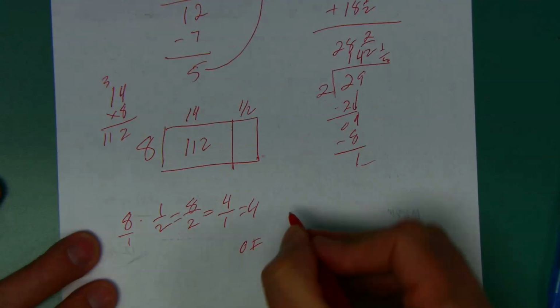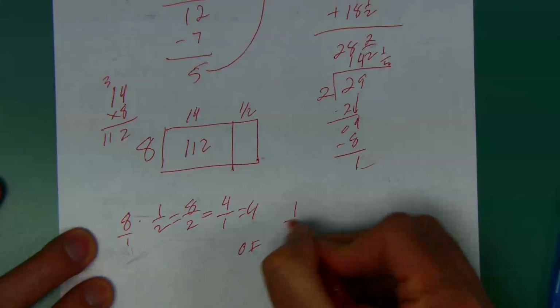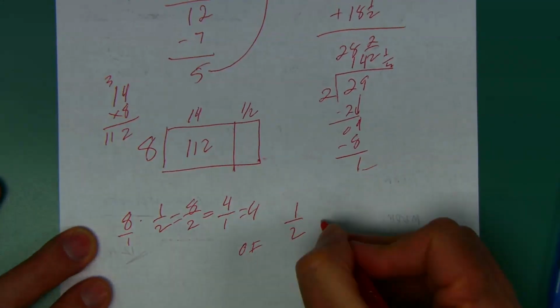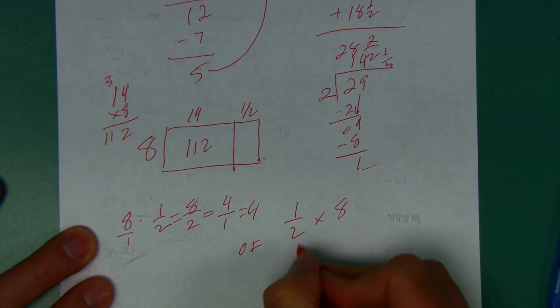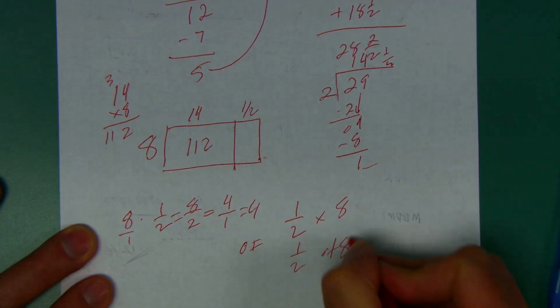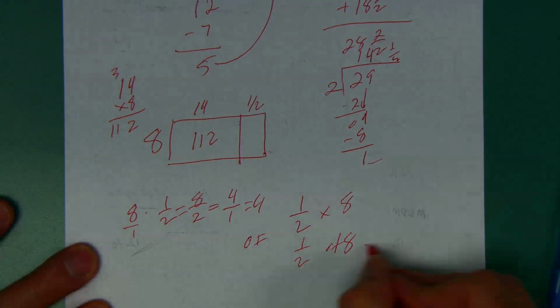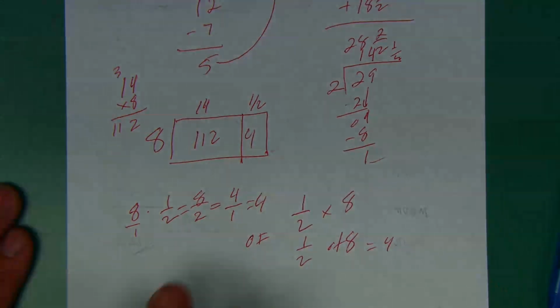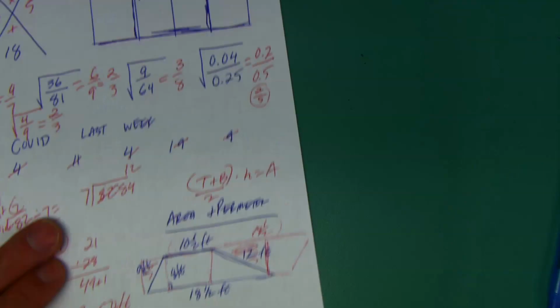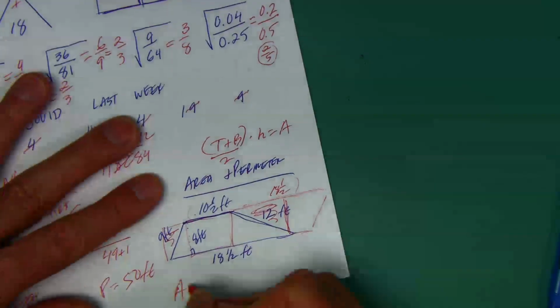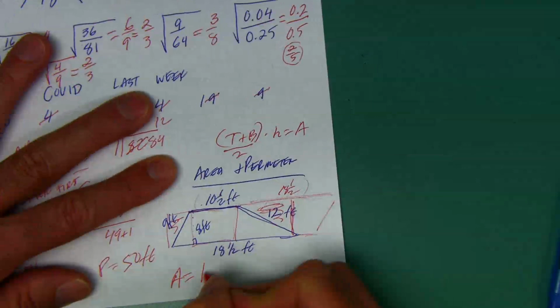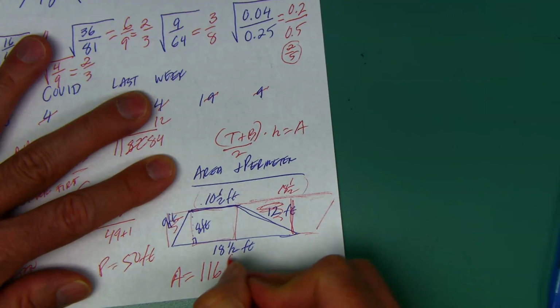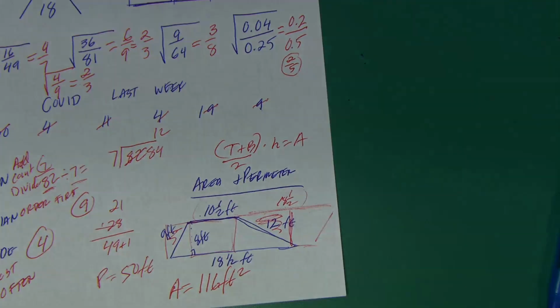Right? So 8 times 1/2 or 1/2 times 8 is the same as 1/2 of 8. What's half of 8? 4. 112 plus 4 is 116. What are my units? Not feet, square feet.